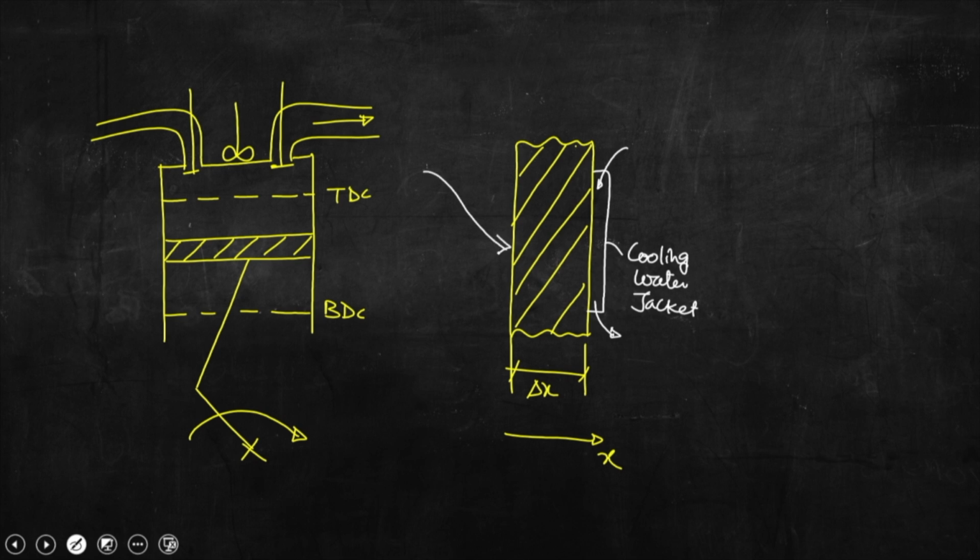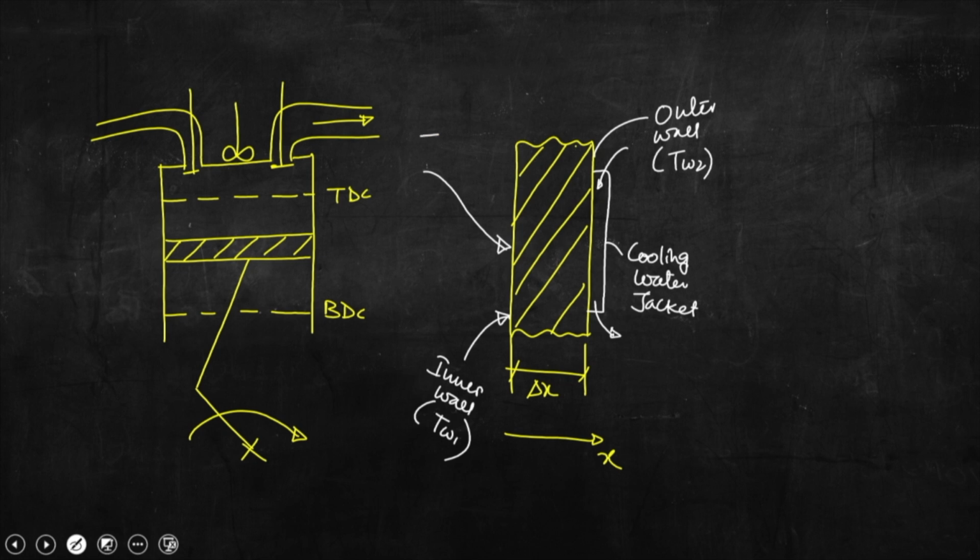Now this is the inner wall of the cylinder, so the temperature is TW1, and this is the outer wall of the cylinder and the temperature is TW2.